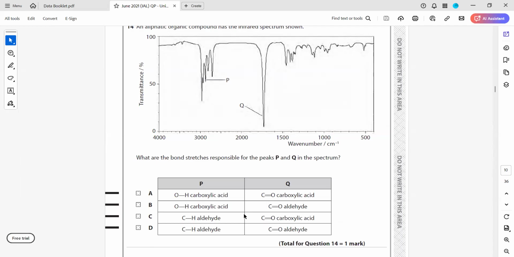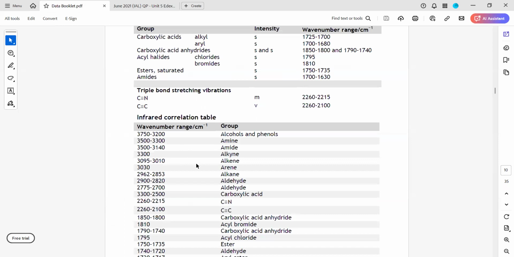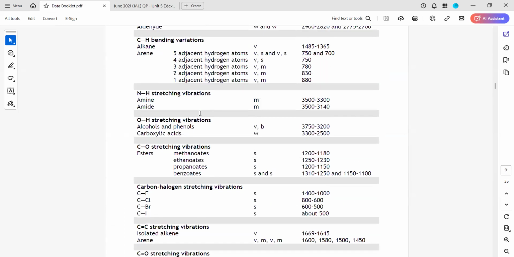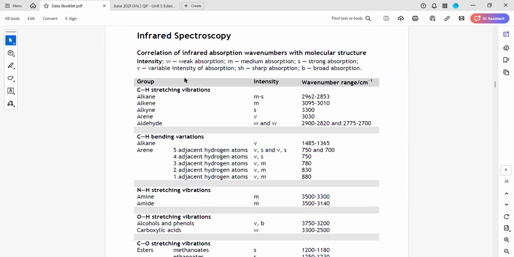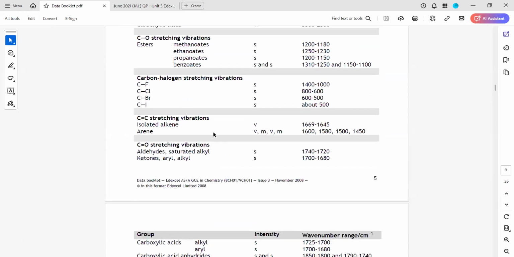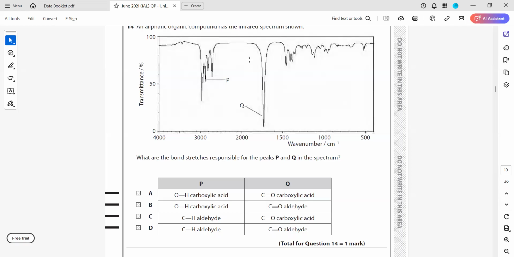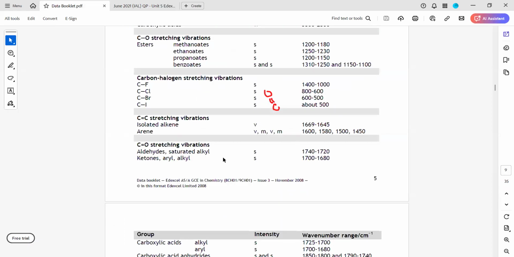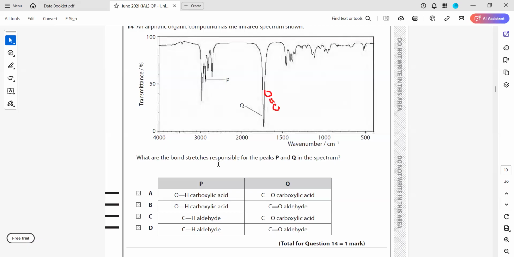So when we check Q, C double bonded with O. Aldehyde is 1740 to 1720, a very sharp absorption. So it is an aldehyde or a ketone. Aldehyde or ketone is around 1700. So it's not a ketone, it's an aldehyde. And then what about the peak at P?